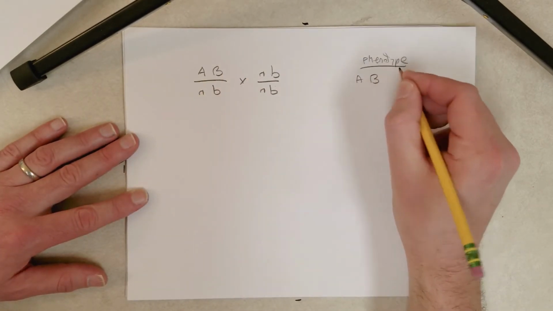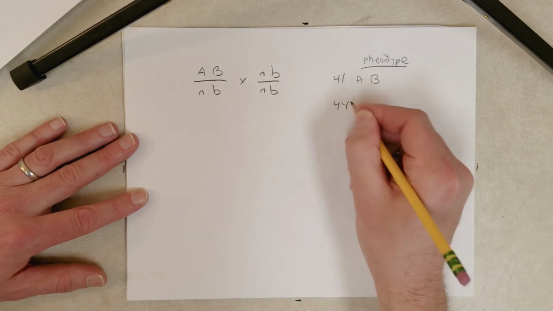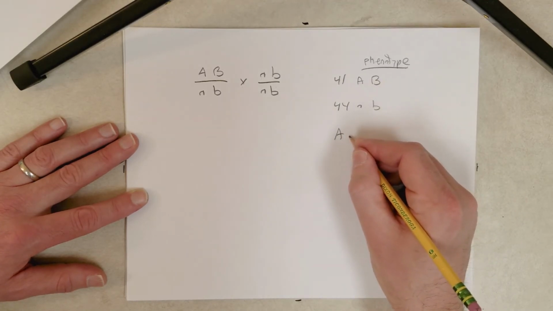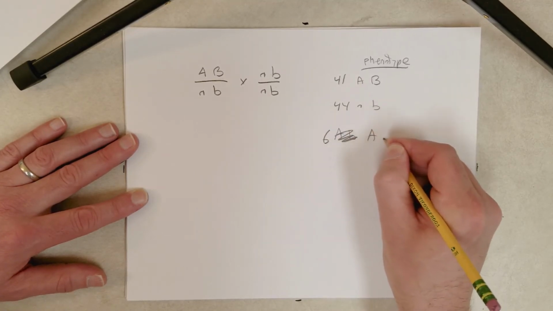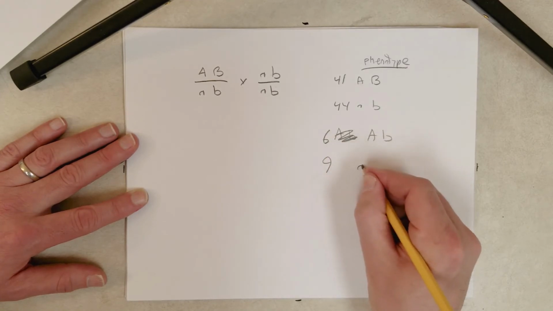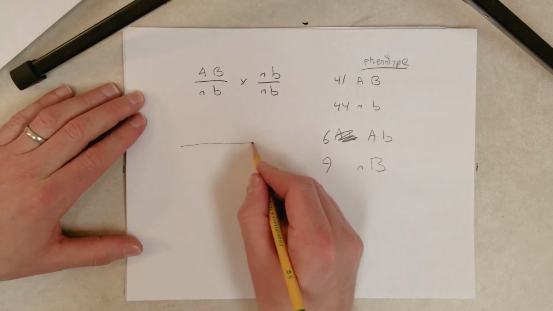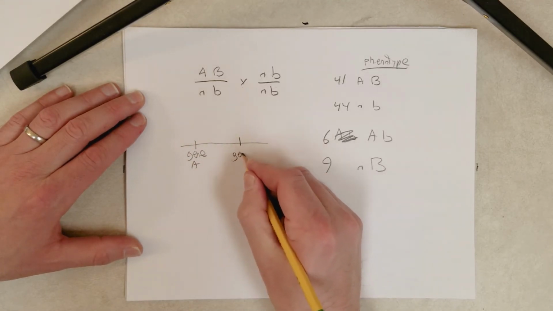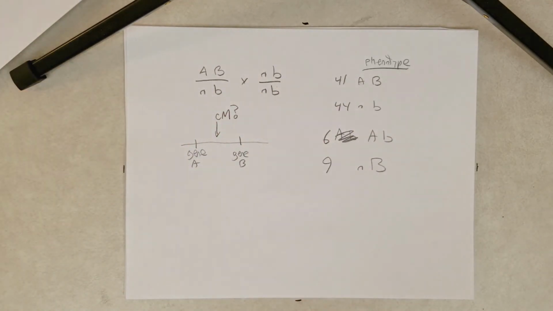And we have progeny, let's say 41 of the offspring are big A, big B for phenotype. 44 are little a, little b. 6 are big A, little b, and 9 are little a, big B. Okay, and so the question is, what is the genetic distance between gene A and gene B, in centimorgans?